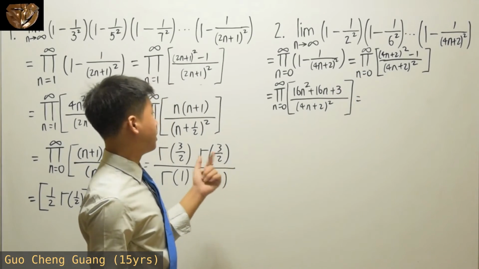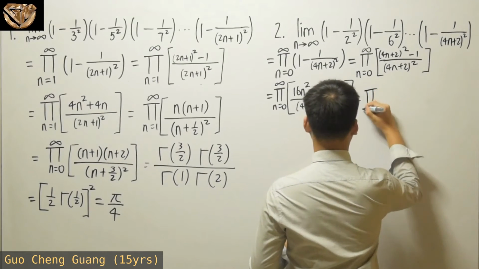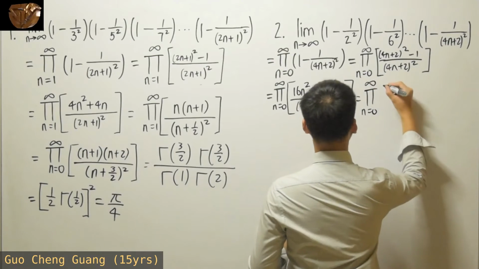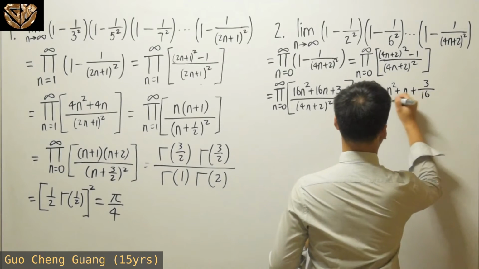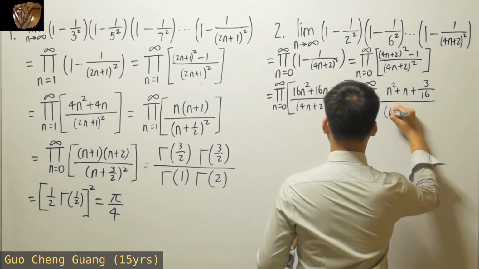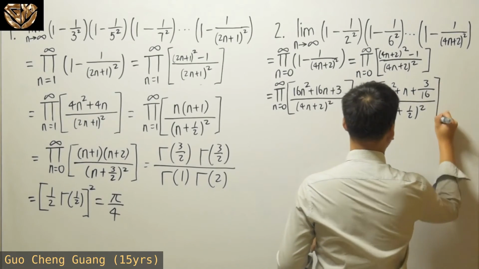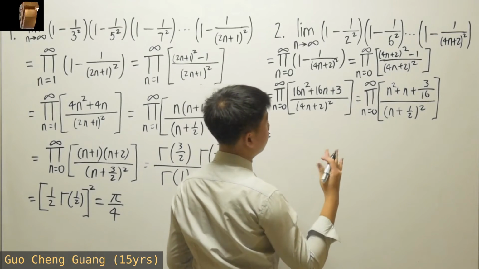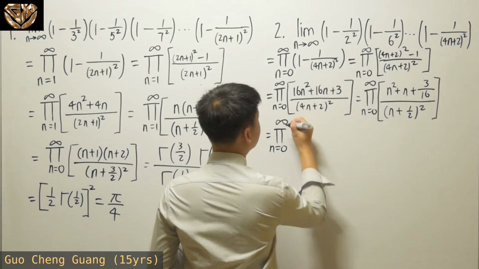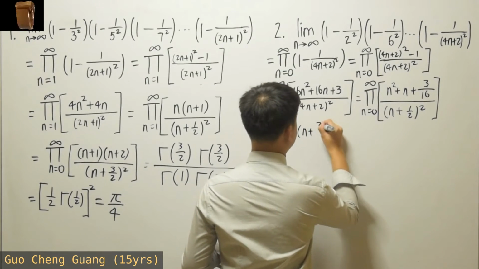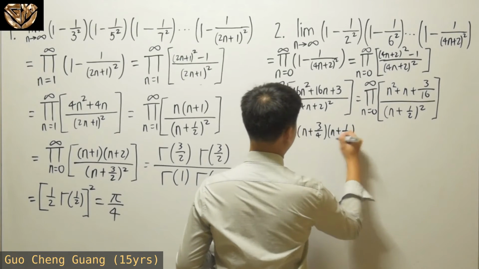Alright, then let's divide by 16 on both numerator and denominator. So this is what we are going to see. Now of course, in the numerator, we can again factorize. So in this factorization, we are going to have n plus 3 over 4 and n plus 1 over 4.